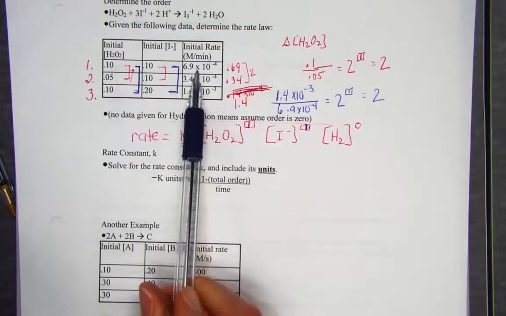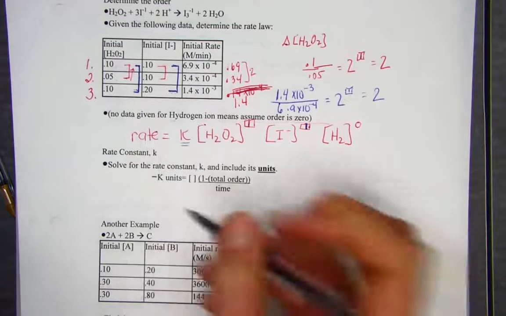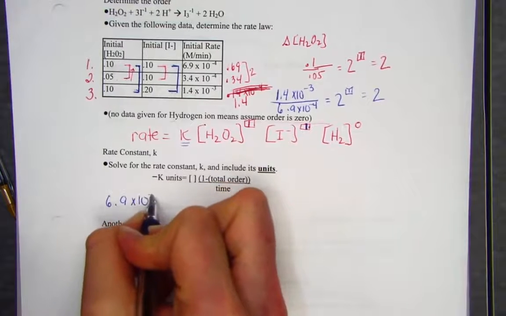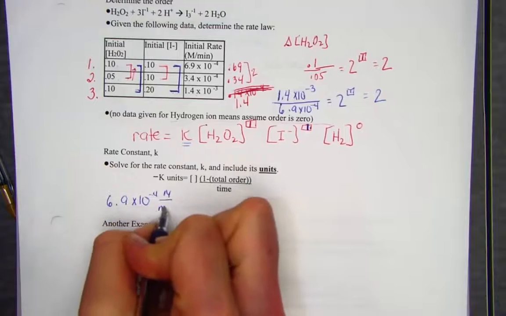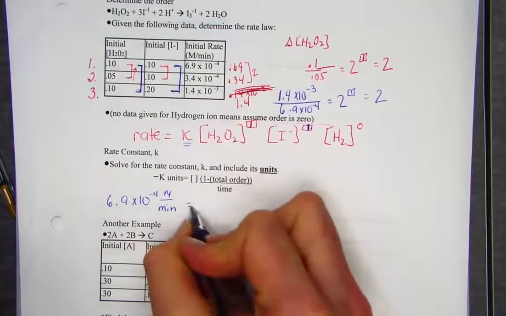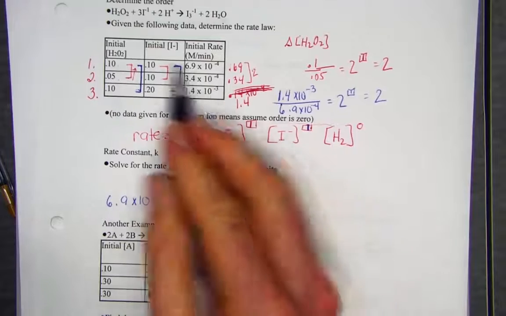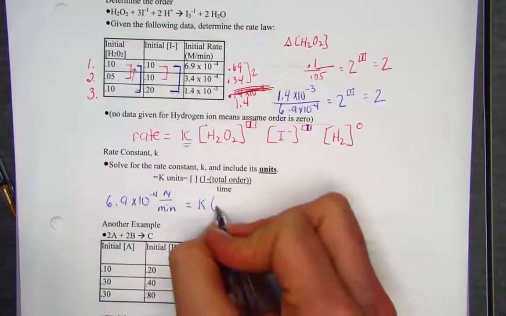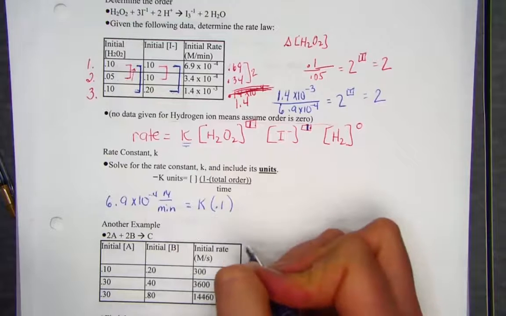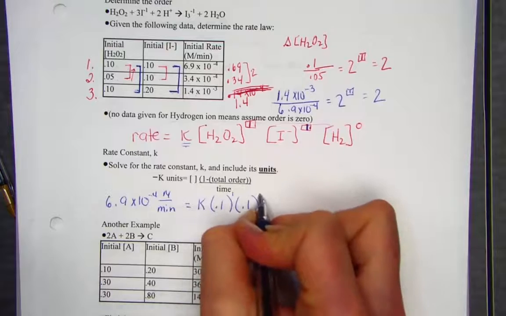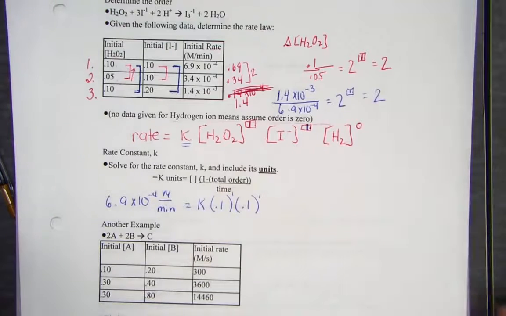The rate of 6.9 times 10 to the negative 4th molarity per minute is set equal to K, what I'm solving for, times the concentration of the peroxide times the concentration of the iodide. Both are raised to the first power, and the hydrogen, of course, just dropped out.